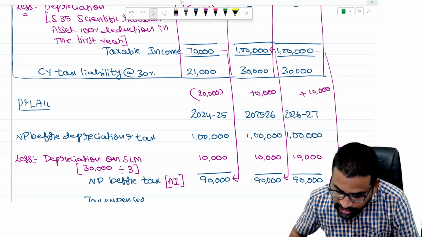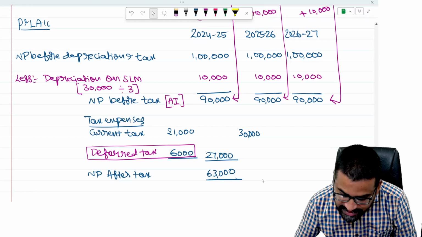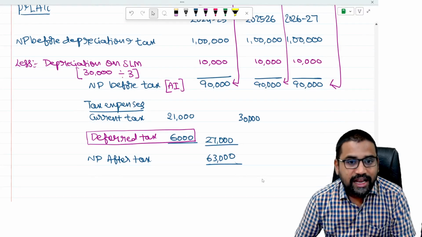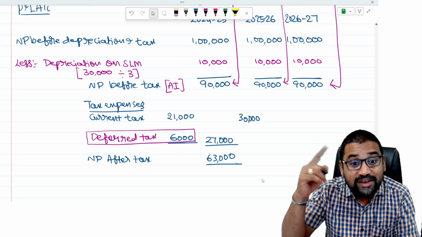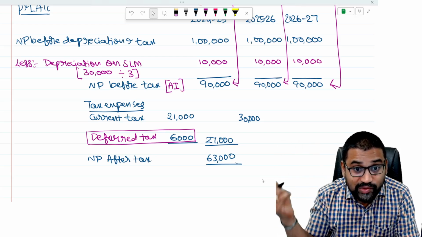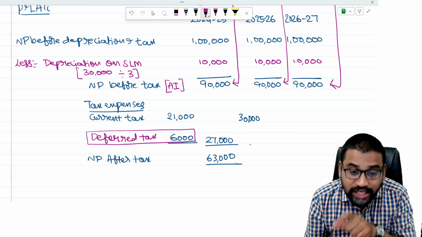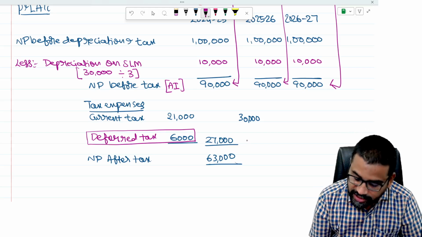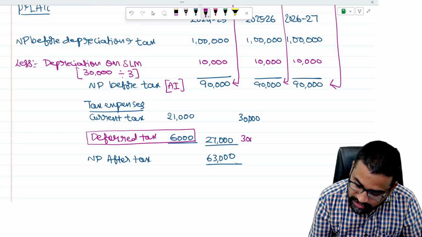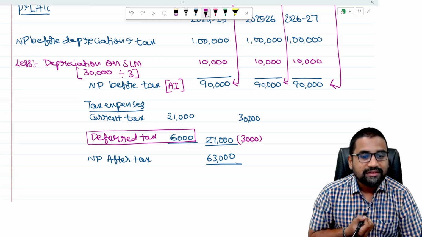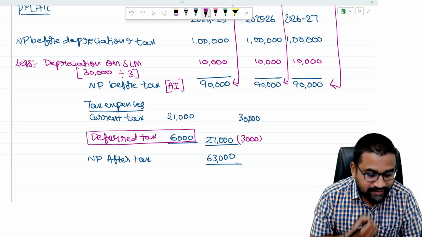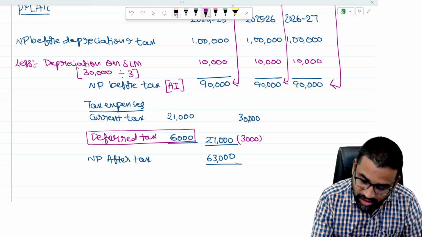So what I need to do here: when there is a difference, I recognize deferred tax liability. Now there is a reversal of 10,000. On the 10,000, 10,000 into 30%, 3,000 I need to reverse.